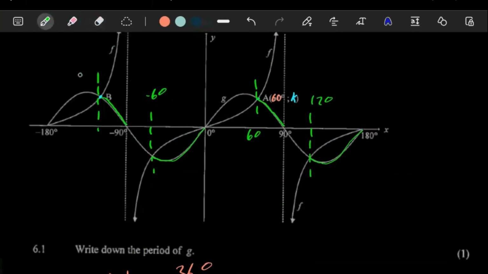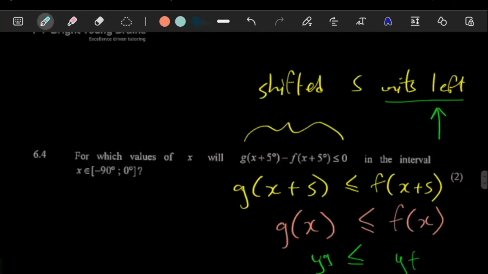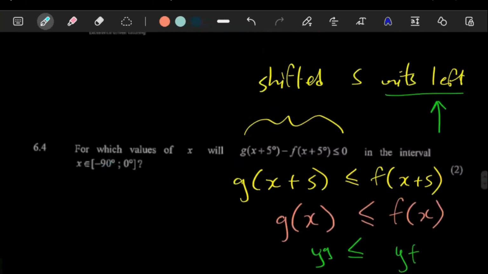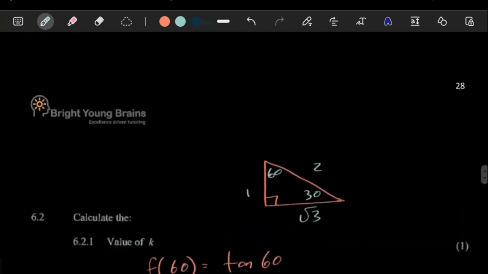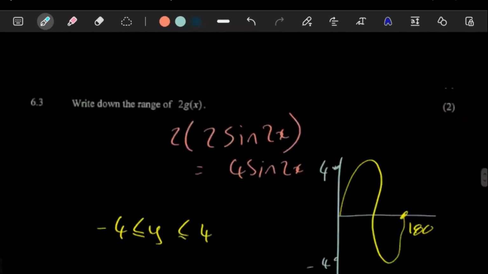So with these specific intervals, we want to just get answers but add 5 to all of them. Literally, how many marks is this question? This is a 2-mark question. Oh, they're only talking between -90 and 0. Okay, that makes life a bit easier. Between -90 and 0, it's only this space over here. But then if your graphs are moved 5 degrees to the left, it's going to be at -65 and at -5, you see.